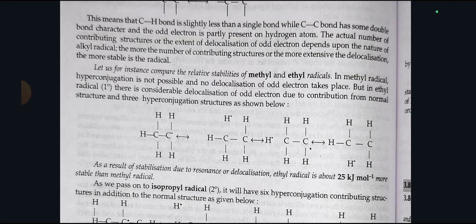Let us, for instance, compare the relative stabilities of methyl and ethyl radicals. In methyl radical, hyperconjugation is not possible and no delocalization of odd electrons takes place, but in ethyl radical, 1 degree, there is considerable delocalization of odd electrons due to contributions from the normal structure and three hyperconjugation structures as shown below.